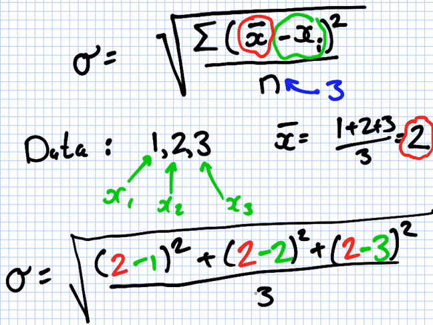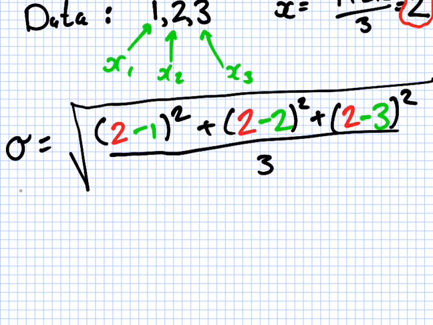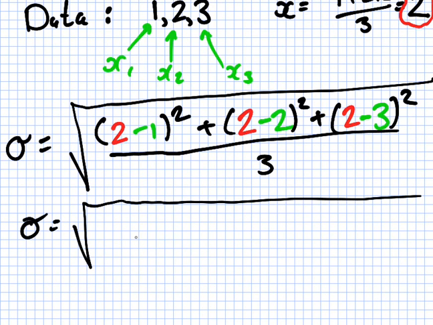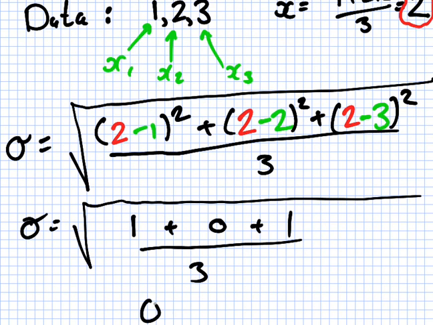So the 2 in red is the average, and then in green is all the data. So simplifying, this would be 1 plus 0 plus 1 over 3. So this would be square root of 2 over 3, which is, what's that, about 0.81 or something like that.